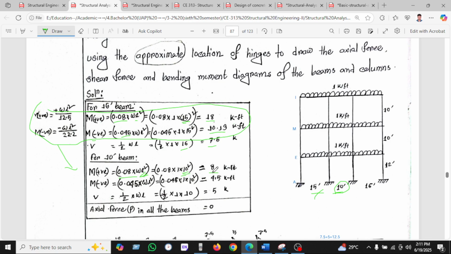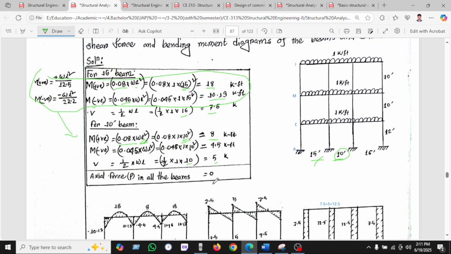In this way we have found 10 kip per feet. In the same way, using the same formula, the negative moment M negative is 0.045 WL square, which is 4.5 kip feet, and the shear value will be WL divided by 2, where L is 10, so it will be 5, and the axial force in all members is 0.